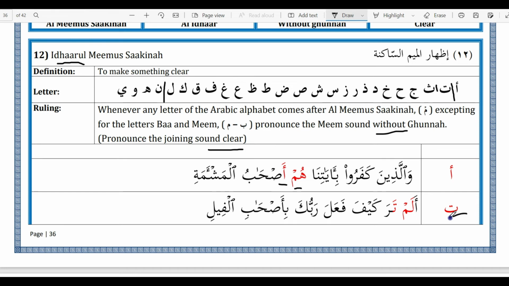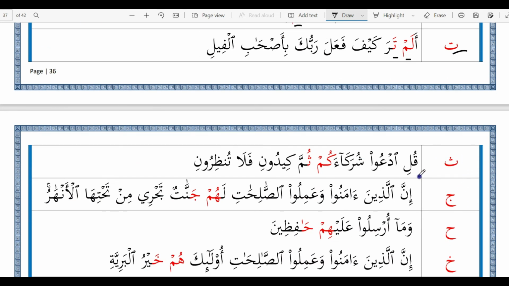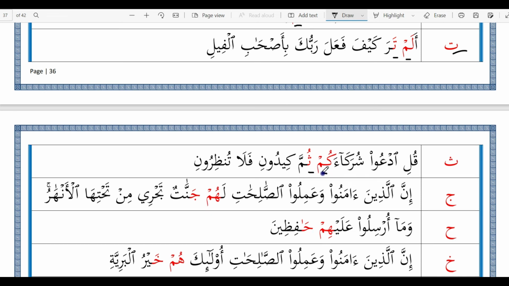And here we have ta coming after Meemus Saakinah, and we just recite normal. ألم تر كيف فعل ربك بأصحاب الفيل. Normal. And we're going to look at one more example, which is fa. Fa coming after Meemus Saakinah, and we recite it normal.